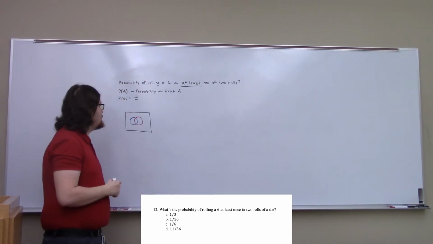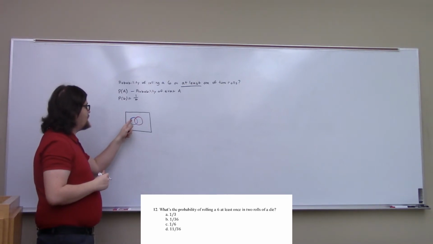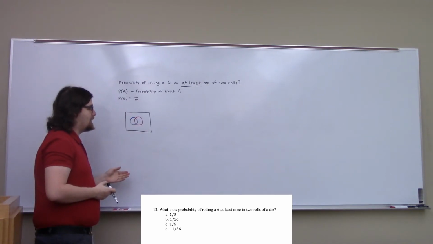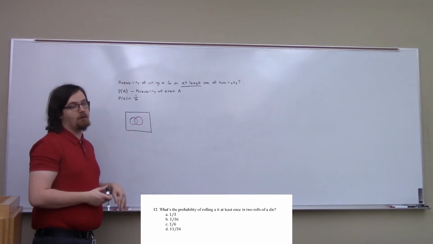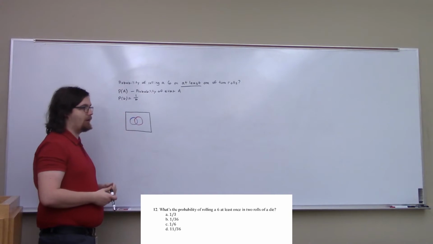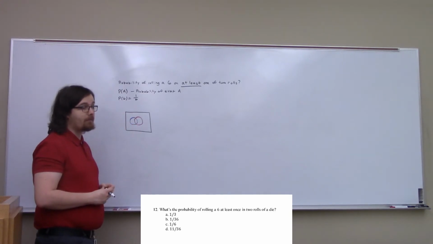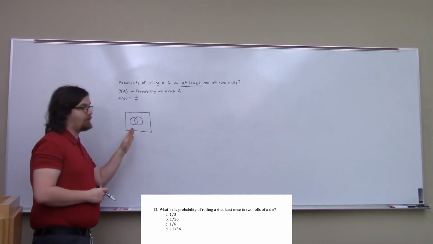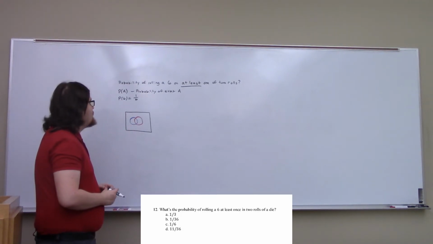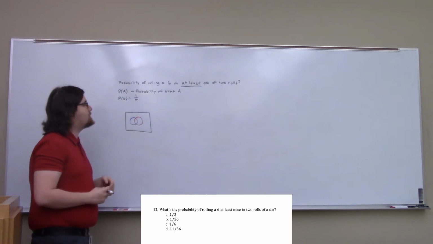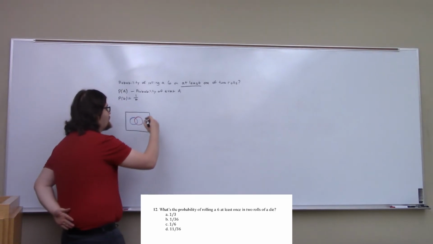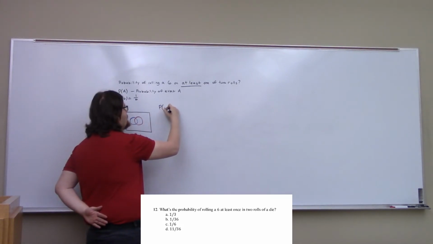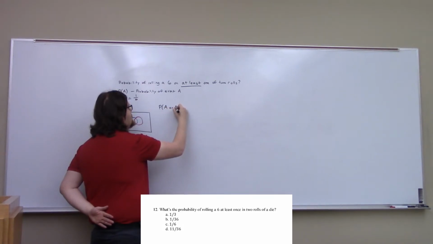We can say then that there is an overlap between rolling a 6 on the first and a 6 on the second. So we can get a 6 on our first die, and we can get a 6 on our second die, but it's most likely that we'll only get a 6 on the first die or a 6 on the second die. Keeping this in mind, when we're determining the probability of rolling at least one 6, what we want to do is find the probability of event A or B happening.